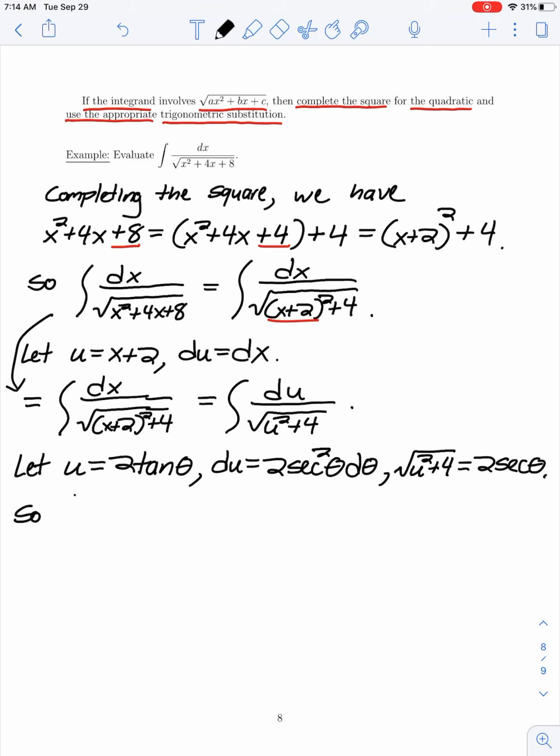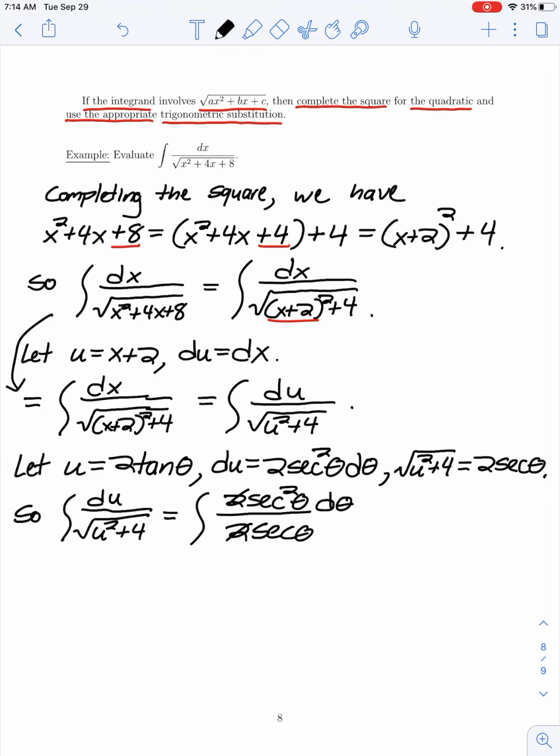So our integral du over the square root of u squared plus 4 can be rewritten in terms of theta as 2 secant squared theta d theta over 2 secant theta.